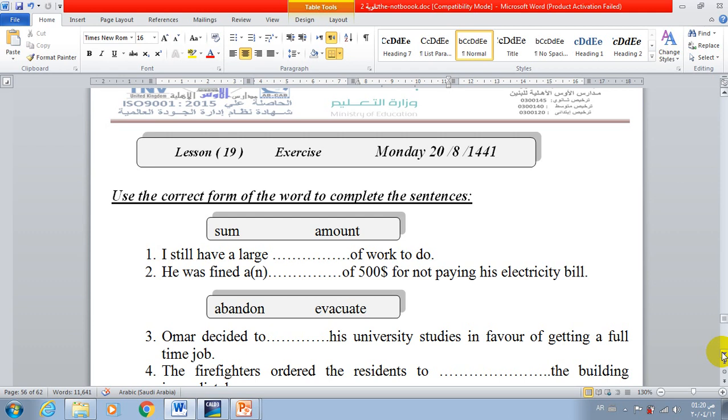Like you see here, there are some words in the boxes. I want you to choose the right word and put it in the right place. Use the correct form of the word to complete the sentences.